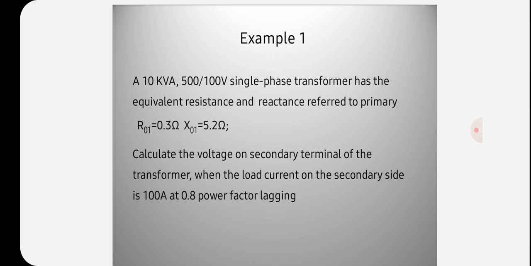The first problem is: a 10 kVA, 500 by 100 volt single phase transformer has equivalent resistance and reactance referred to primary R01 equal to 0.3 ohm and X01 equal to 5.2 ohms. Calculate the voltage on the secondary terminal of the transformer when the load current on the secondary side is 100 amperes at 0.8 power factor lagging.